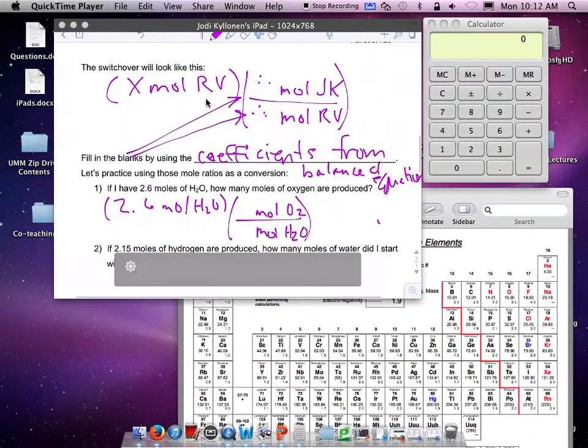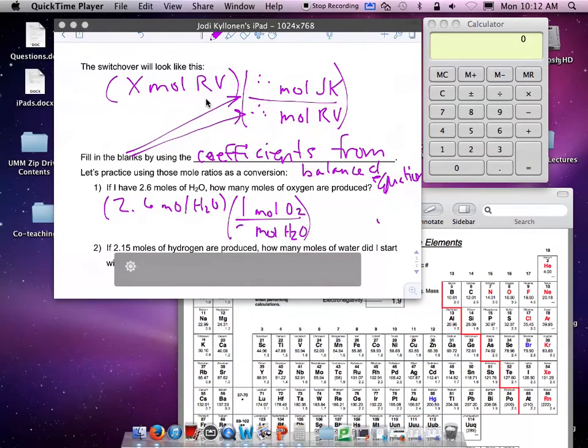So then I can fill in down here 1 mole of oxygen, 2 moles of water. Then moles of water goes away. I'm left with moles of oxygen, which is what it's asking for. So then I just need to multiply and divide. 2.6 divided by 2, either do that in your head or use your calculator, ends up being 1.3. And then the label is moles of oxygen because that's the only thing not crossed out.